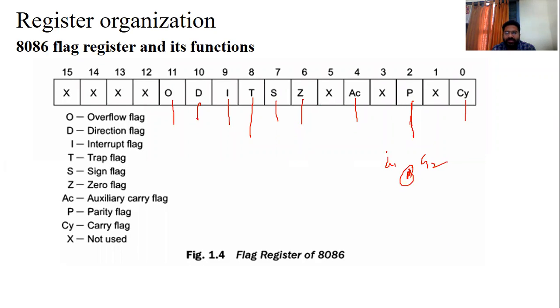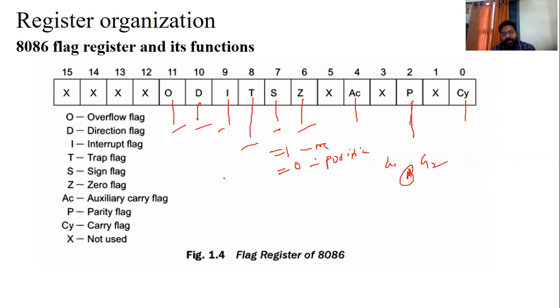Then zero: when we subtract two numbers or divide two numbers and the answer is zero, the zero flag is set. For the sign flag, if the sign bit is equal to one, it is a negative number; if it is zero, it is a positive number. Then trap, interrupt, and direction flags, and you know what the overflow flag is.